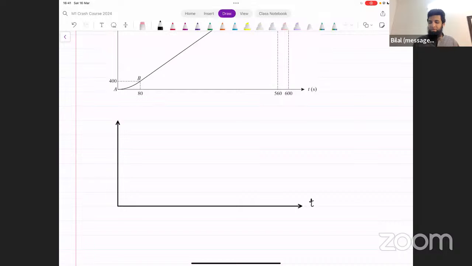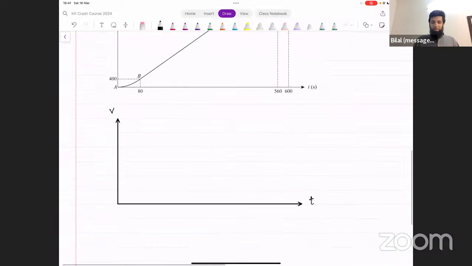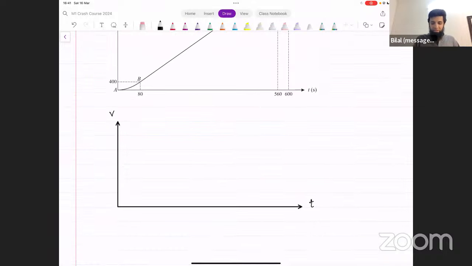Okay, so you have time on the x-axis and you have velocity on the vertical axis. Now, what are the important time instances? You have 0 when the object is starting, and you have 80 seconds, and then you have 560 at the end, and 600. These are the important time instances.